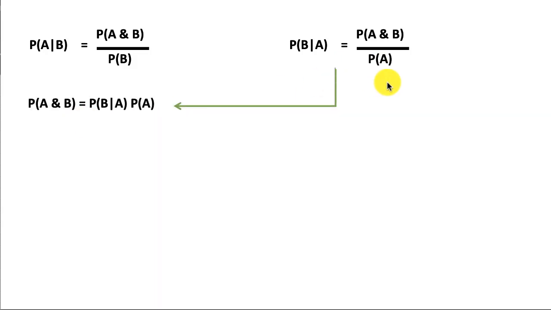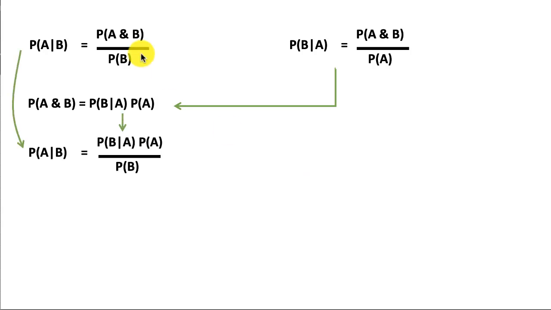Okay, and therefore you can say probability of A and B is probability of B given A multiplied by probability of A. Just rearranging this, right? If you take this over to that side, you multiply this and you get this. Probability of A and B is probability of B given A times probability of A. Okay, and of course this says this because probability of A and B is nothing but probability of B given A times probability of A. So probability of A given B is probability of B given A times probability of A divided by probability of B, right?